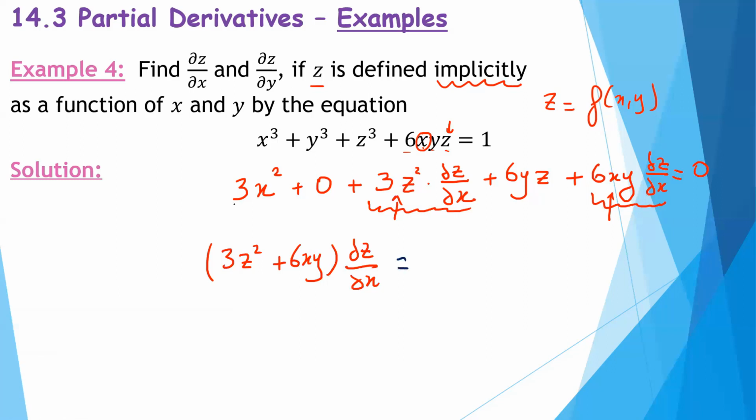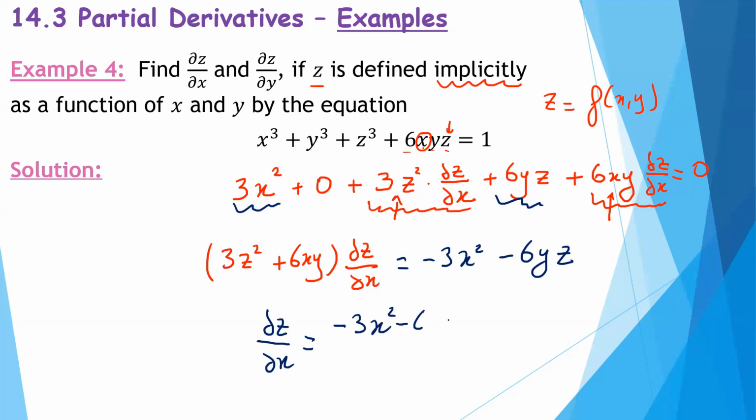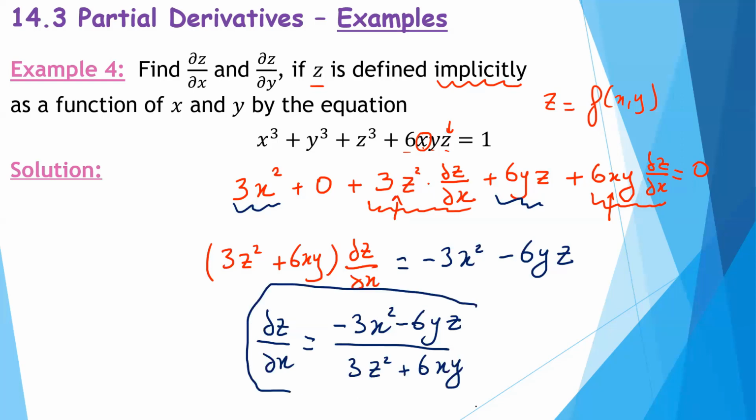So equals, removing this term, 3x squared, and this term where we don't have partial derivatives. And finally, dz with respect to x, we divide by this factor, minus 6yz over 3z squared plus 6xy, and this is the formula for the partial derivative of z with respect to x.